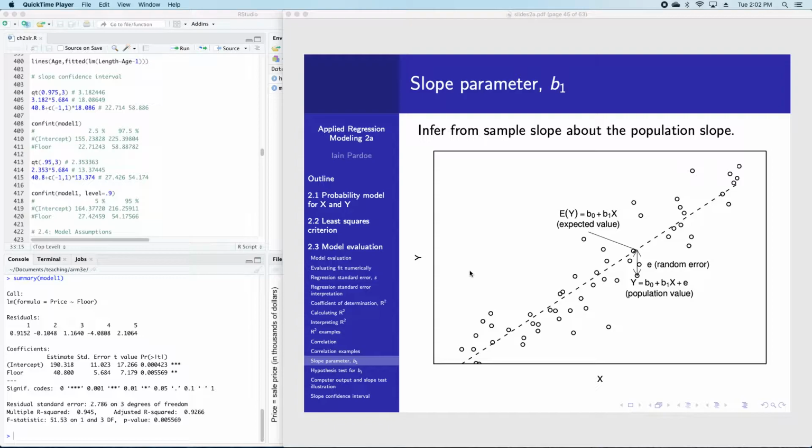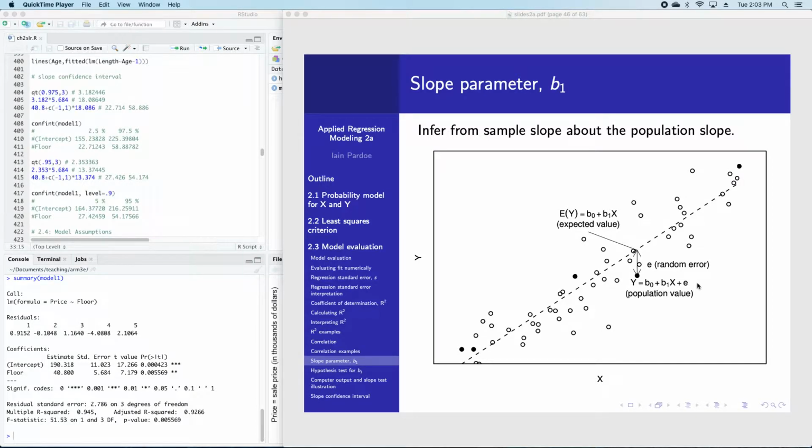It's just a generic example with a response variable y and a predictor variable x. And I've got a hypothetical population regression line here, the dashed line. The equation of that is given by expected value of y is b0 plus b1x. Then all the individual points are a distance of e away from the line, e representing the random error for each point. So each point can be represented as y equals b0 plus b1x plus e.